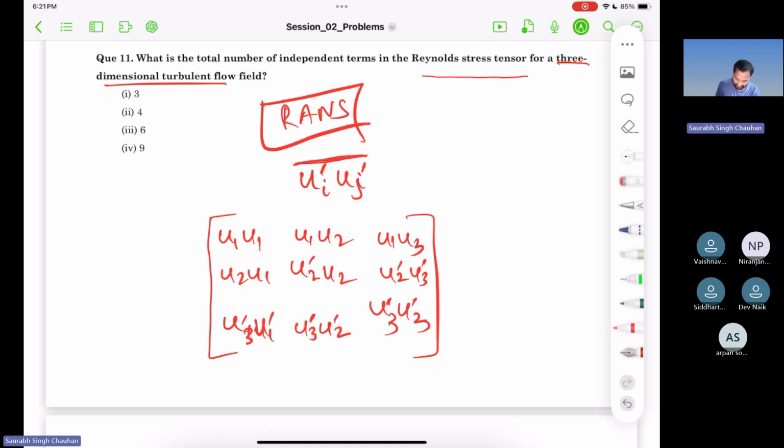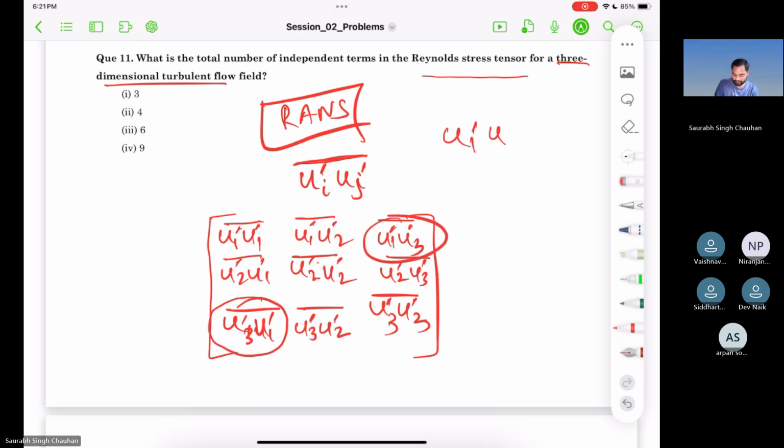For fluctuating components, sometimes we put these small primes. Now this is just the product. For example, if you take this term and this term, both of these are equal, right? It is basically u2u3 is equal to u3u2.